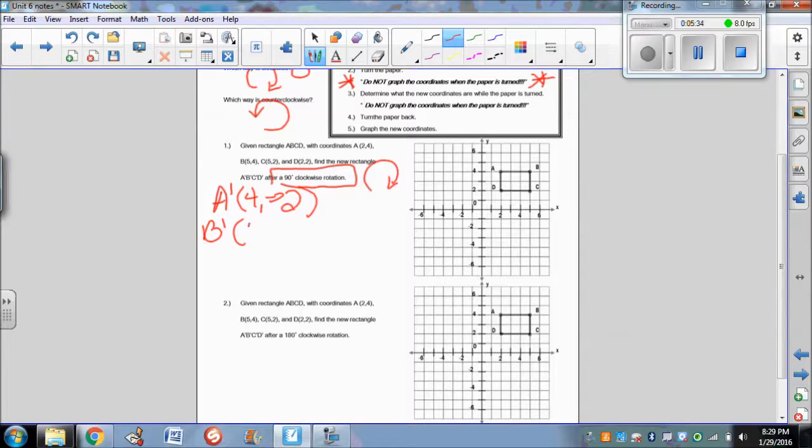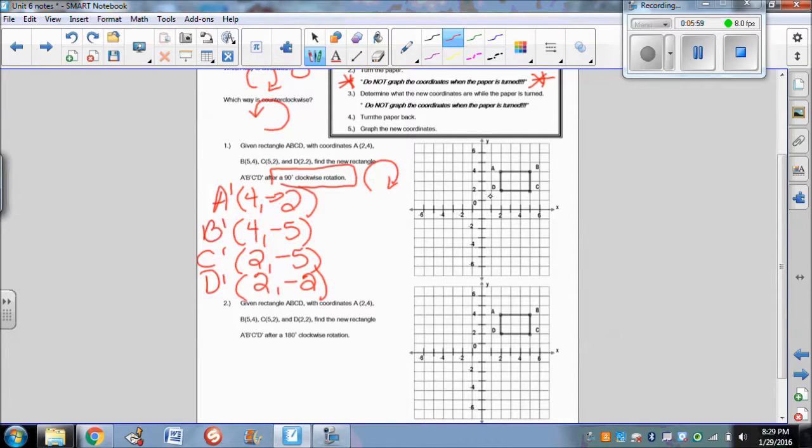B prime is 4, -5. C prime is 2, -5. And D prime is 2, -2. Now, let's see if I can undo that. I don't know why I was grabbing it. There we go. D prime 2, -2.